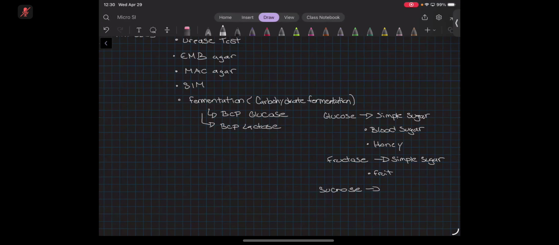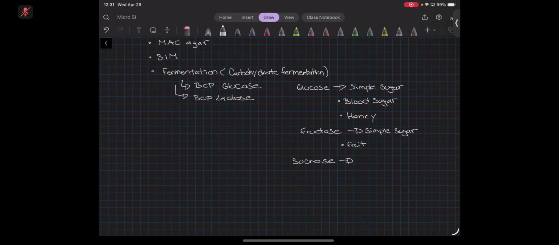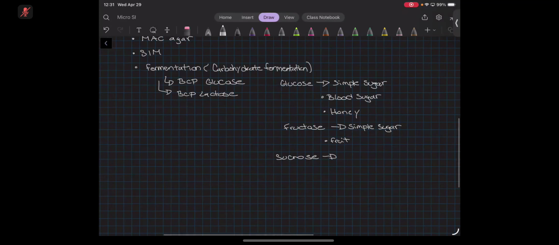Is sucrose a simple sugar? It's a mixture of glucose and fructose, so it's complex. An example is table sugar and candy. And then we also have lactose. Is lactose a simple sugar?